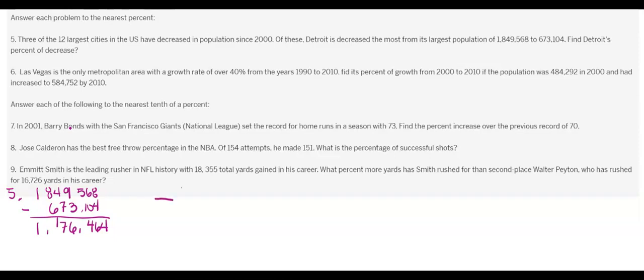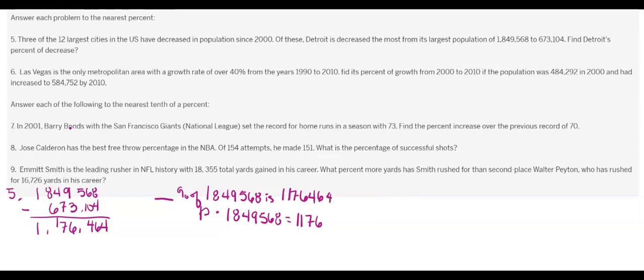So I come up here to my blank percent of, because I don't know my percentage, of the original 1,849,568 is 1,176,464. Okay, that is the same thing as saying P times 1,849,568 equals 1,176,464.